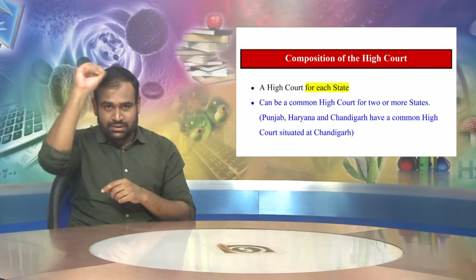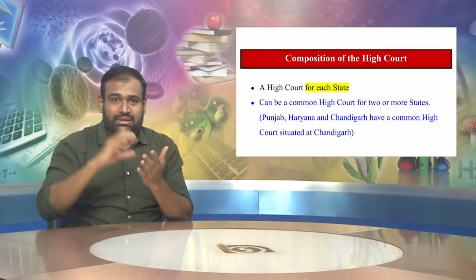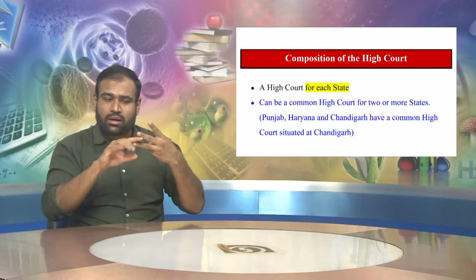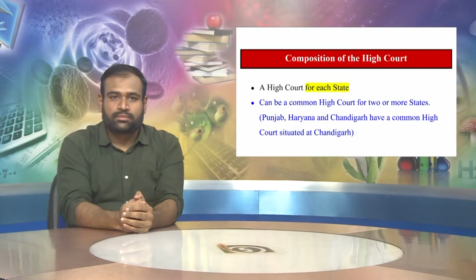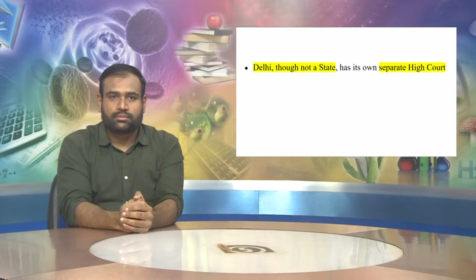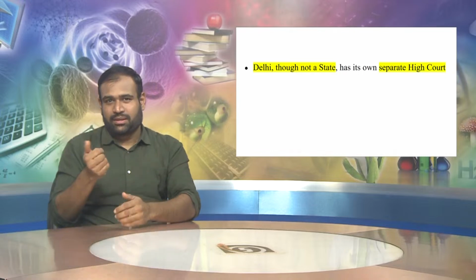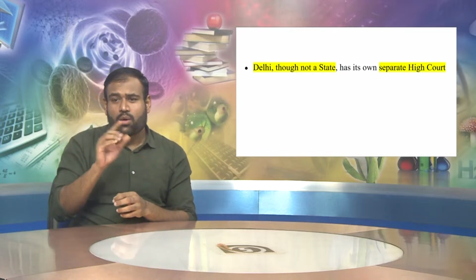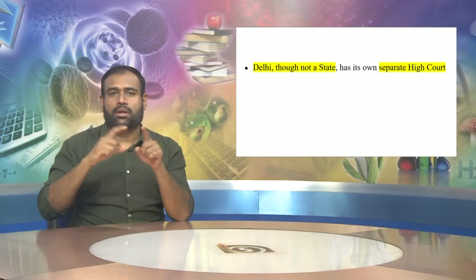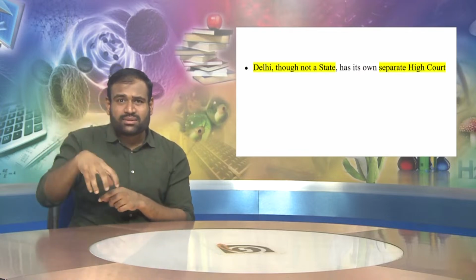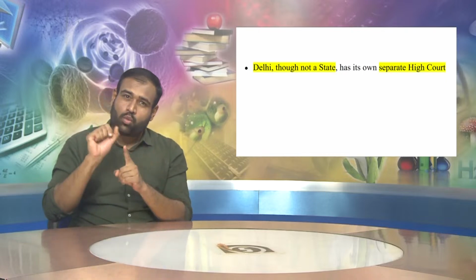For example, Punjab, Haryana, and Chandigarh have a common high court situated at Chandigarh. Delhi, though not a state, has its own separate high court.